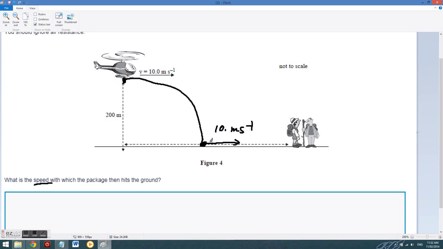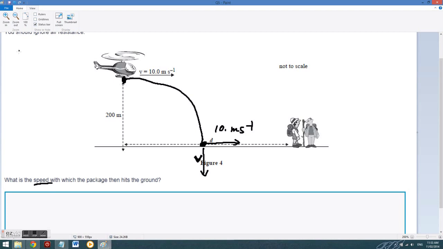However, gravity is pulling the package downwards, so there must be a vertical velocity just before it reaches the ground. We need to find the vertical velocity, then combine these two velocities to find the speed.